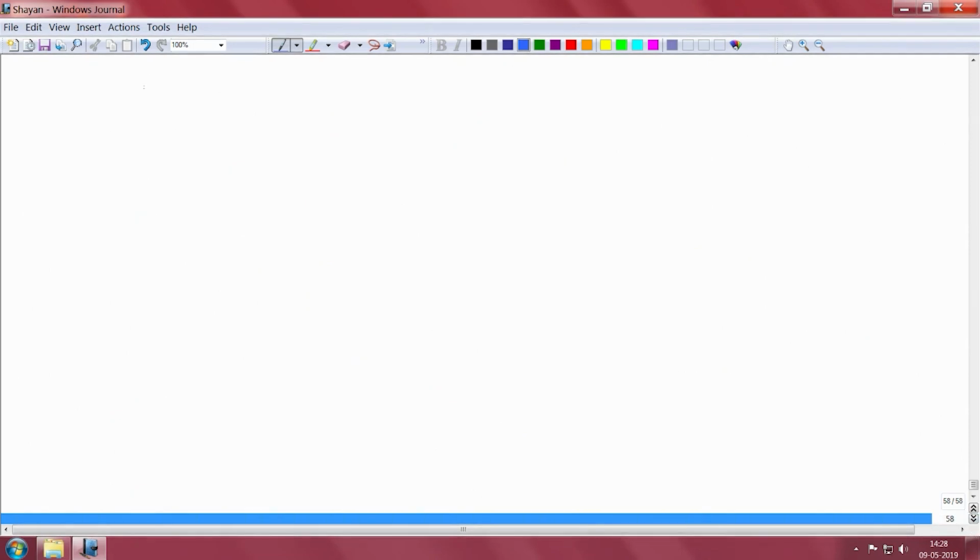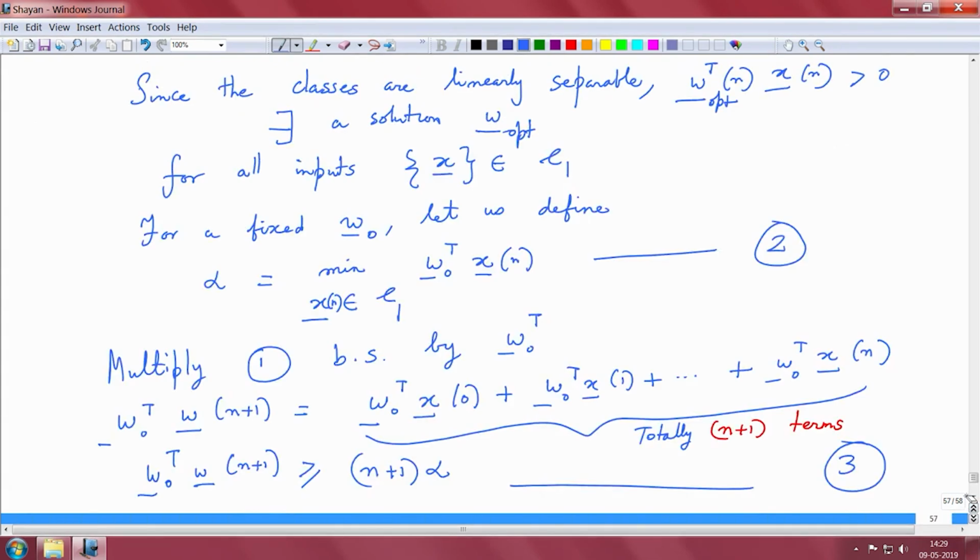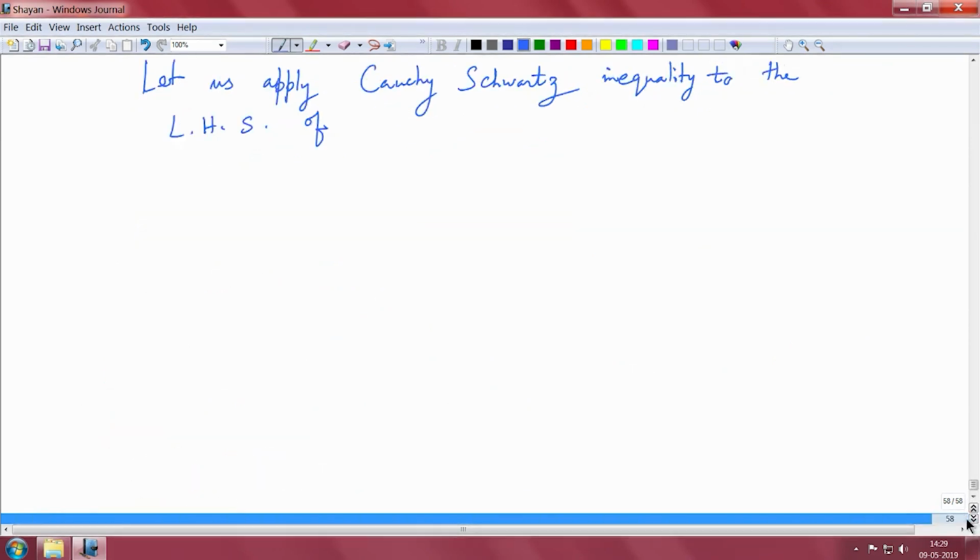So, let us apply Cauchy-Schwarz inequality to the left hand side of this equation that we wrote last, right. W naught transpose W n plus 1, I want to apply Cauchy-Schwarz inequality to this.